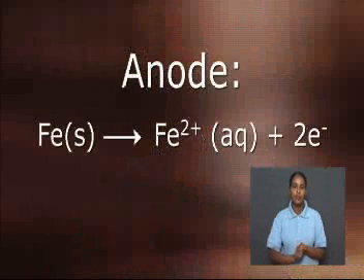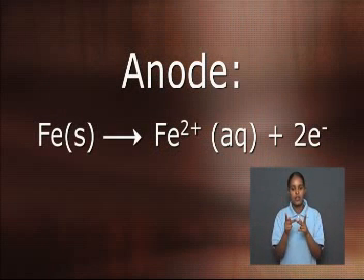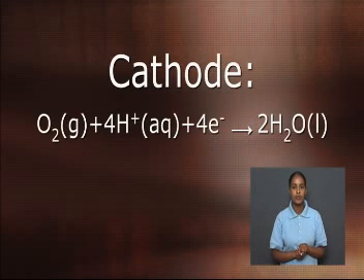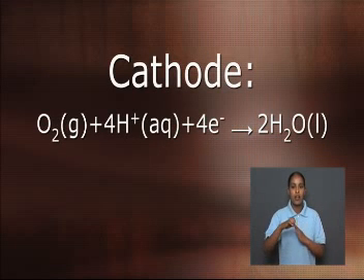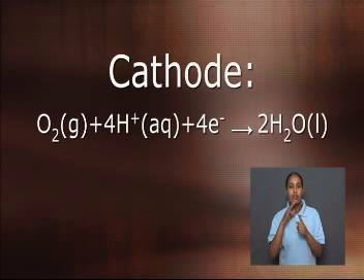The main steps are believed to be as follows. A region of the metal's surface serves as the anode, which is where oxidation occurs. The electrons that are given up by iron reduce the atmospheric oxygen to water at the cathode. Thus, the cathode is another region of the metal surface.